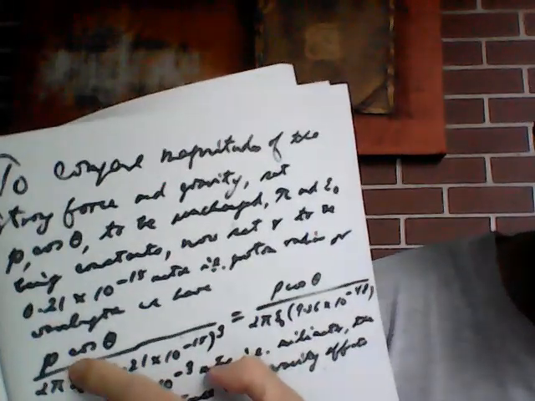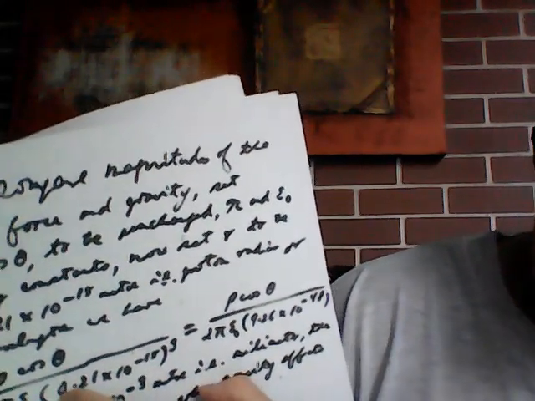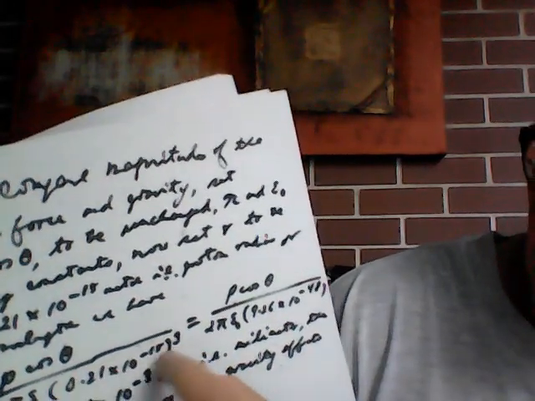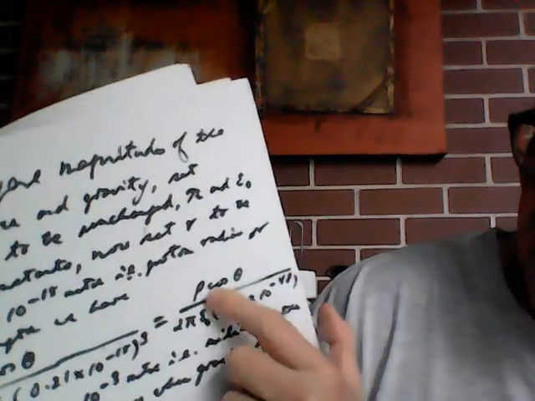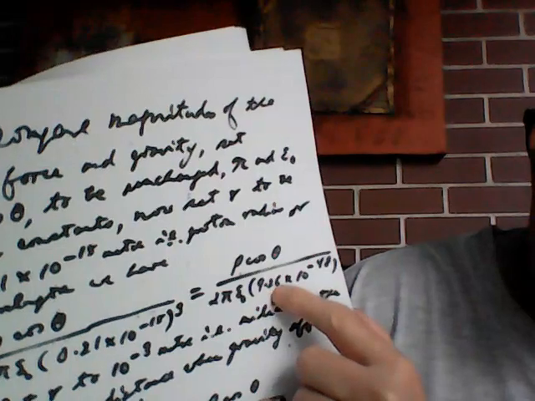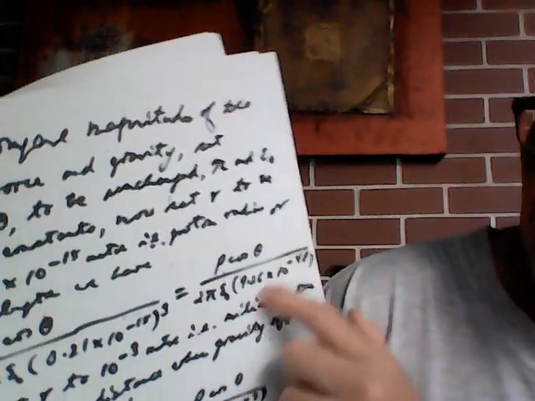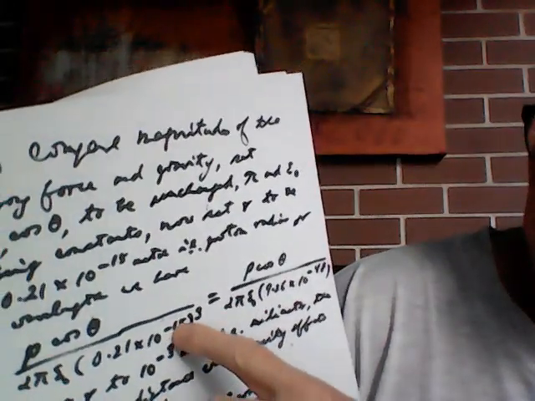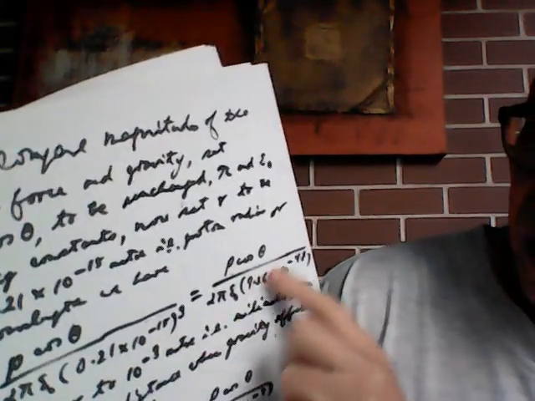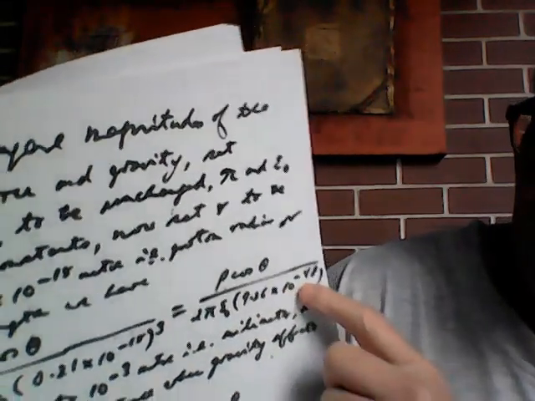Then we have P cosine theta over 2 pi epsilon naught, a constant, divided by 0.21 times 10 to the power minus 15 meter, all to the power 3. So you get 9.26 times 10 to the power minus 48.